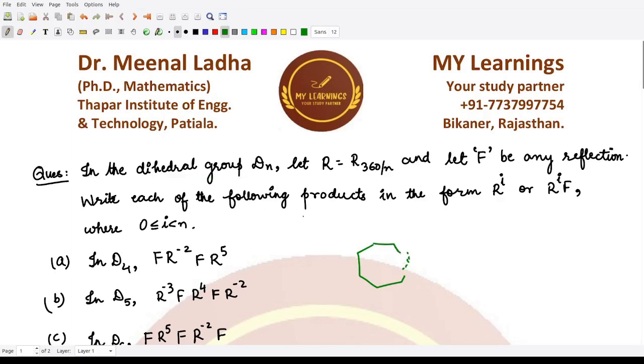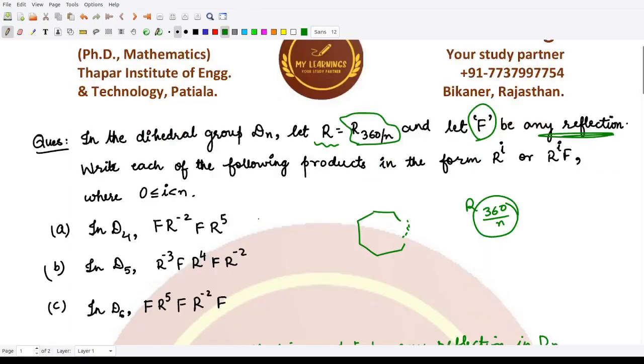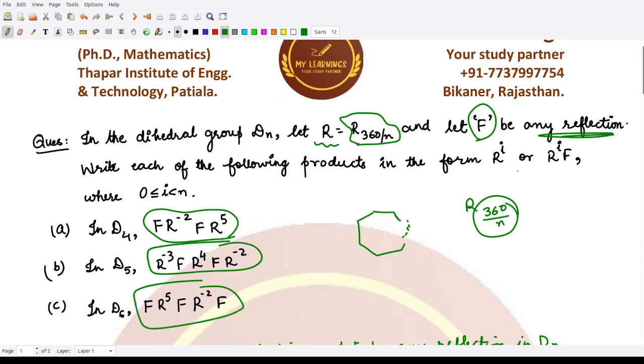If R represents the rotation, where each rotation is obtained by dividing 360 by the number of sides, and if we represent F by any reflection, then we need to write these expressions either in the form of some power of R or some power of R composed with F. This is what we want as our answer to these statements. So let's proceed by solving each of them.